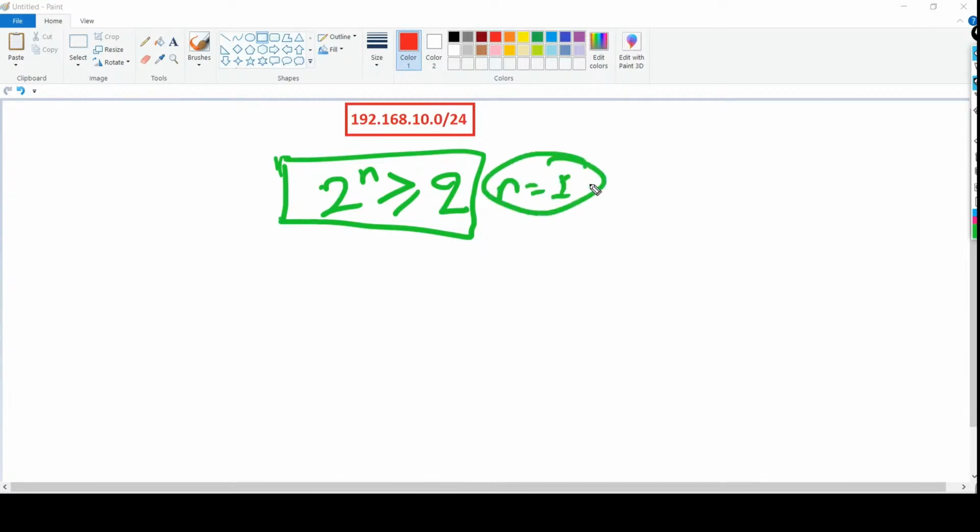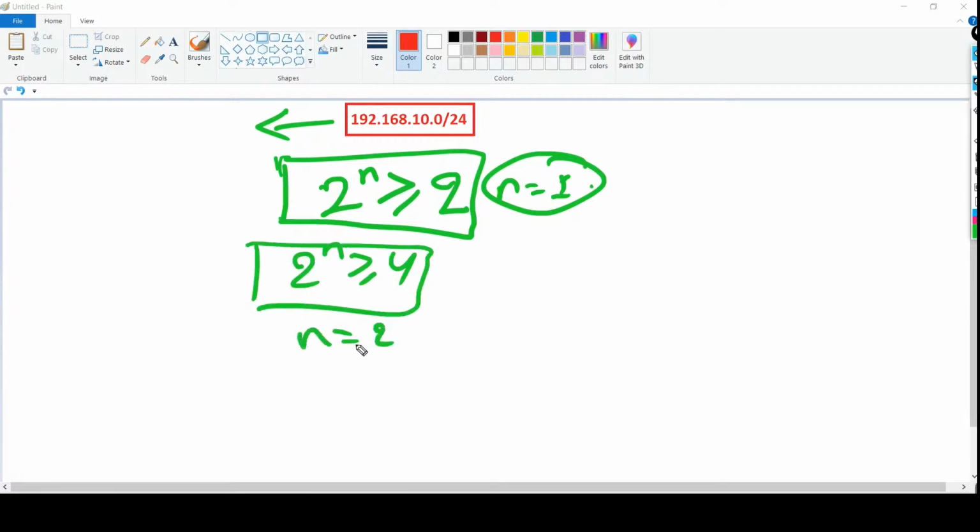In the same way, if I want to divide this network into 4 parts, always keep in mind, we cannot divide a network into 3 parts or 5 parts. We can divide into 2, 4, 8, or 16 parts. So for 4 parts, 2 to the power n must be greater than or equal to 4, so n should be 2.